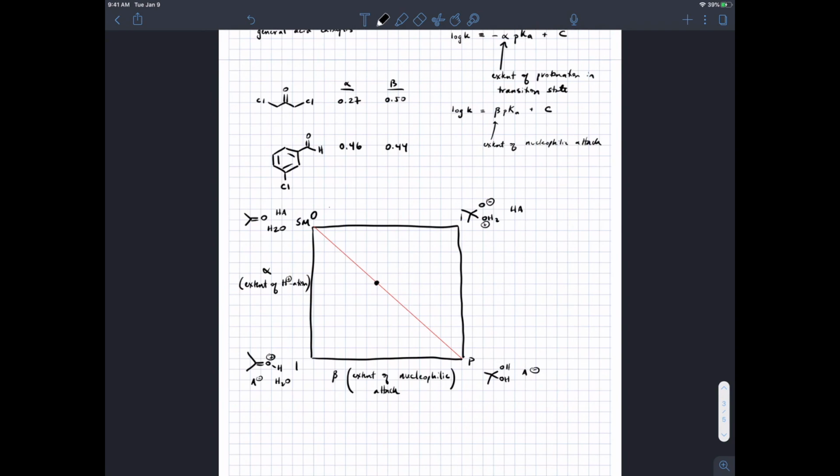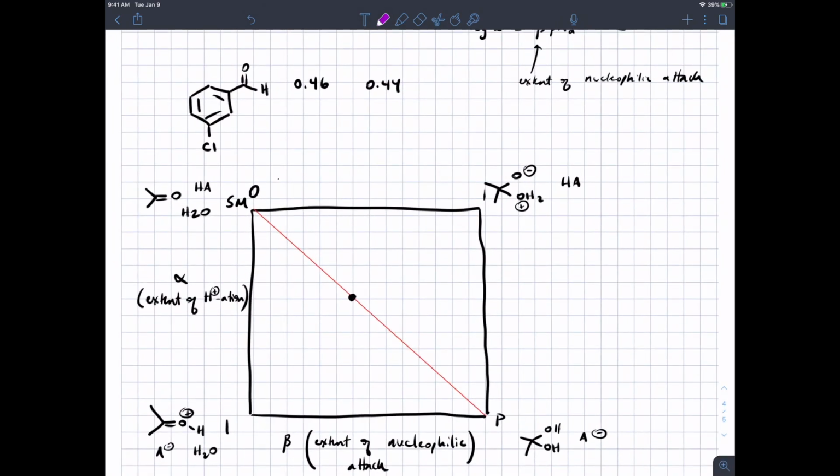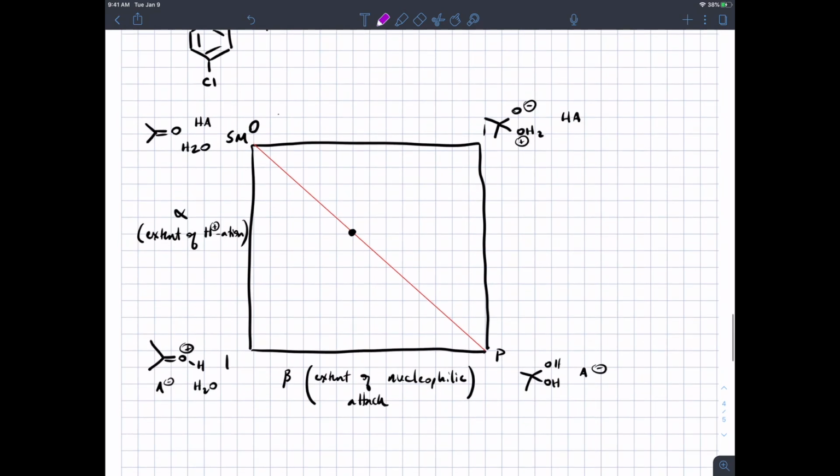Okay, if we increase the strength of the acid, what does it do to our potential energy surface? What corners of the potential energy surface change? Right, so you're going to lower the energy of anything with A minus. Alternatively, you could say you're increasing the energy of anything with HA.